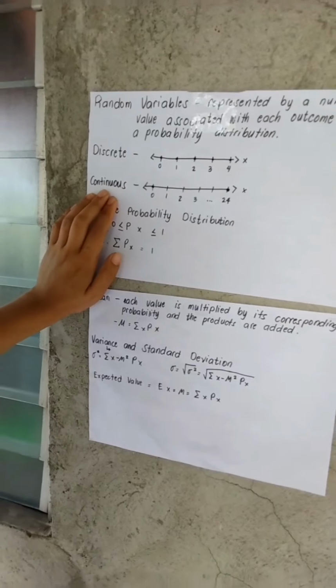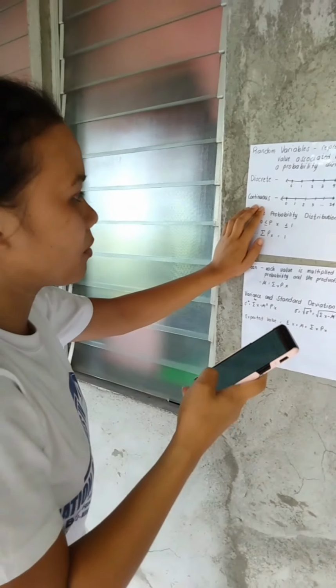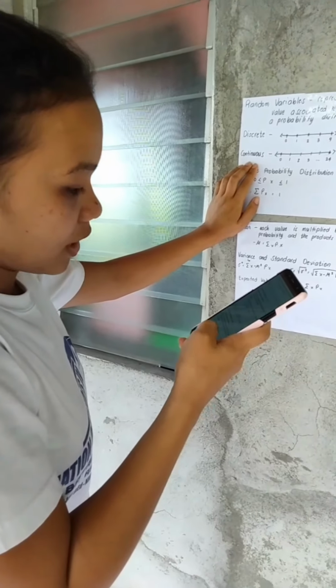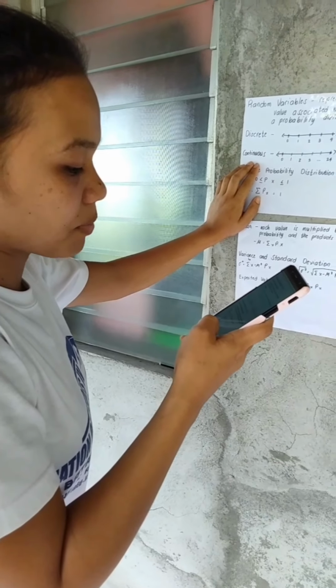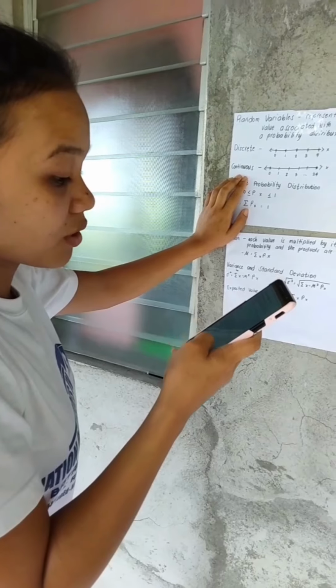So a continuous random variable has an uncountable number of possible outcomes represented by an interval on the number line.